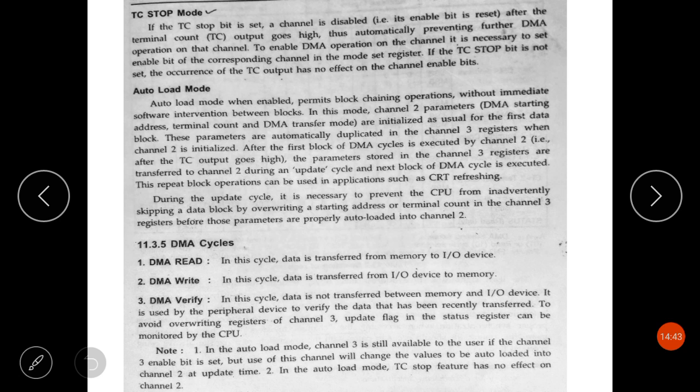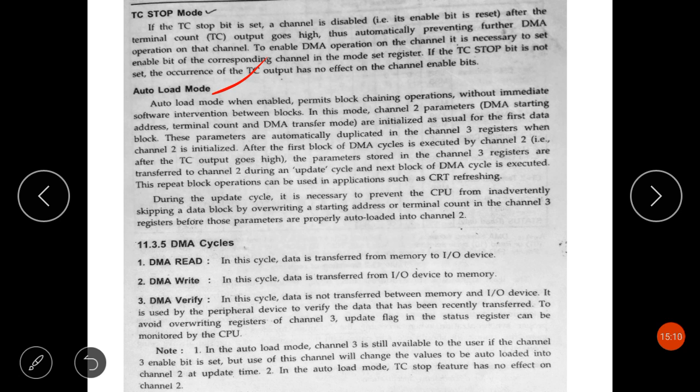The next mode is auto load mode. When it is enabled, it permits block chaining operations without immediate software intervention between blocks. In this mode, channel 2 parameters, that is DMA starting address, terminal count and DMA transfer mode, are initialized as usual for the first data block. These parameters are automatically duplicated in the channel 3 registers when channel 2 is initialized.